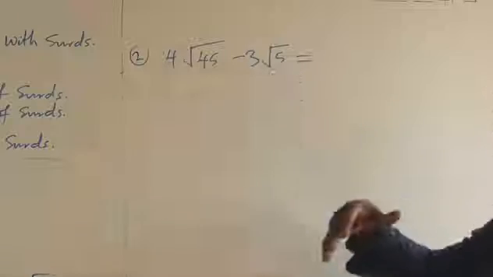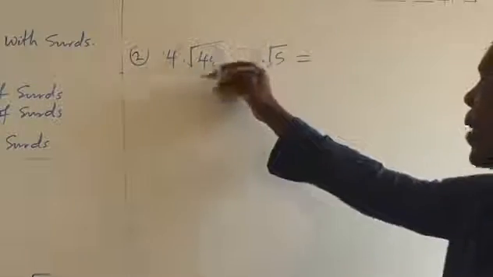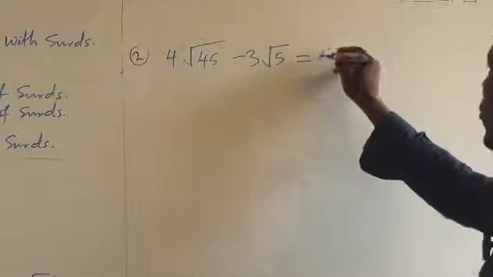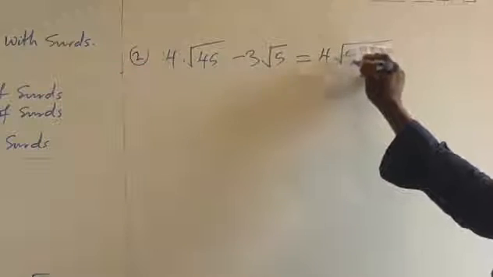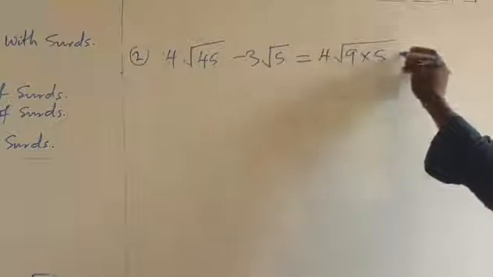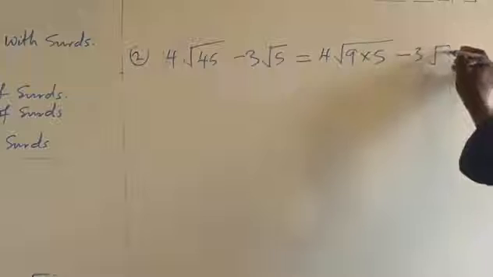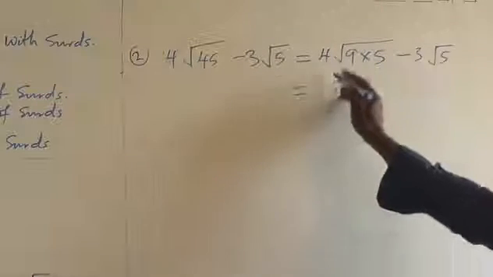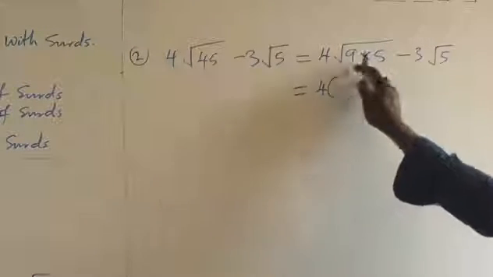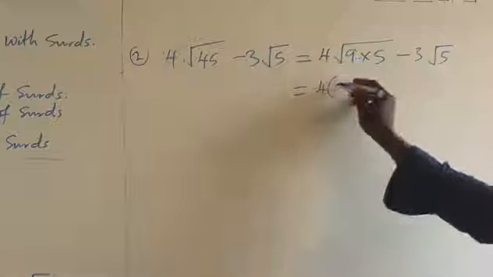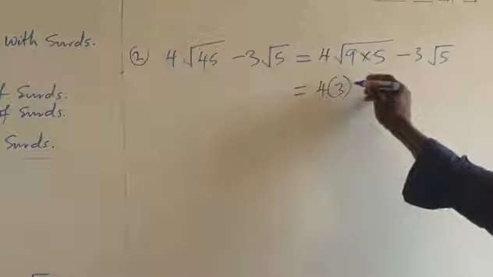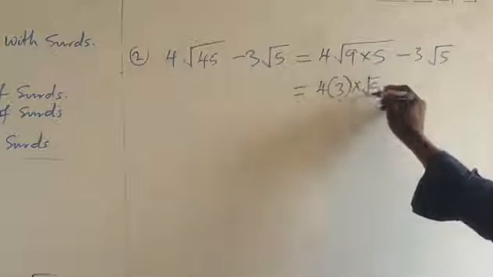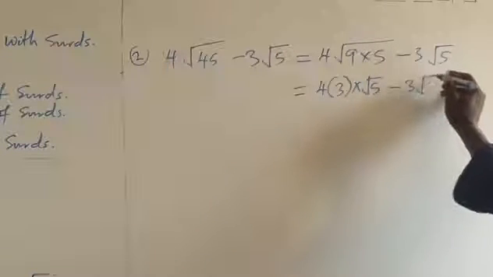Square root of 5 is already in its lowest form. So a perfect square from 45, we have 4 square root of 9 multiplied by 5, then minus 3 root 5, which is equal to 4 into square root of 9, which is 3. So we have root 3 multiplied by root 5 minus 3 root 5.